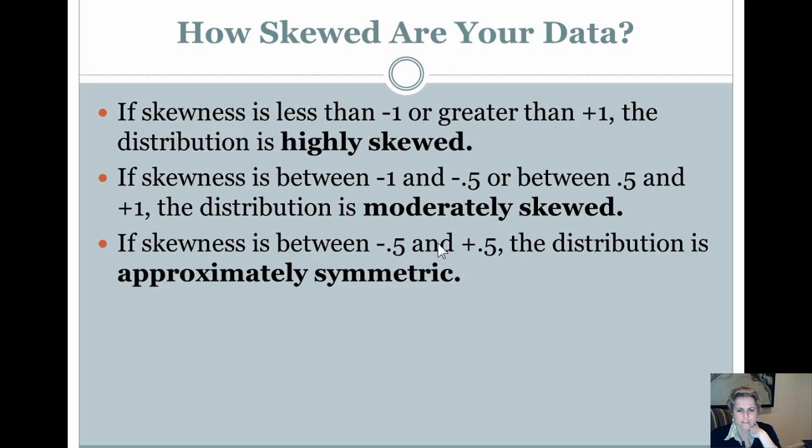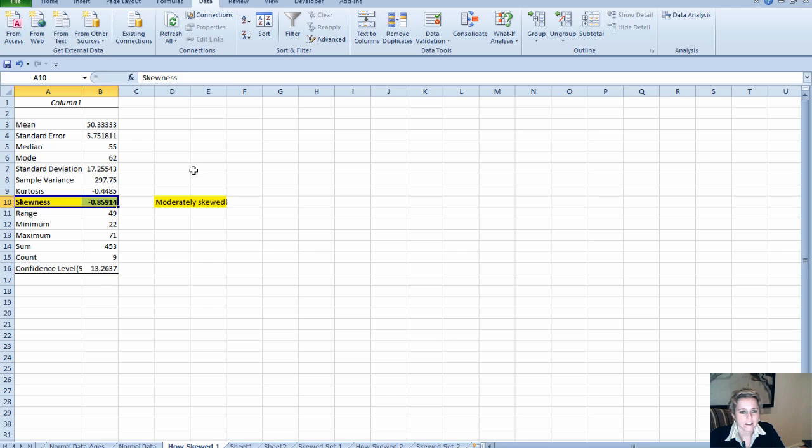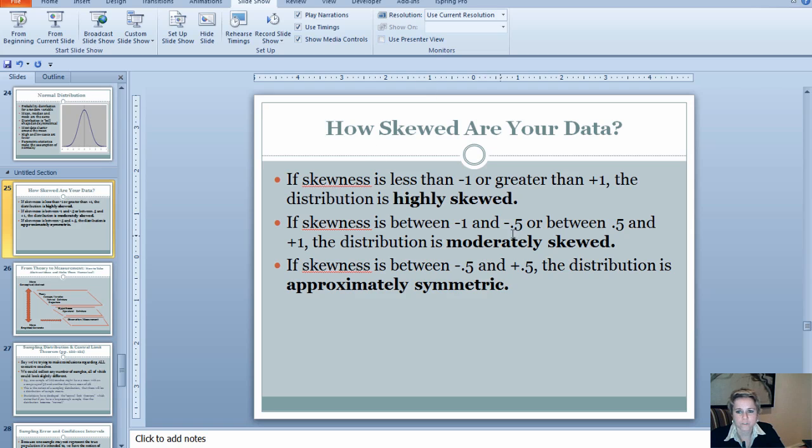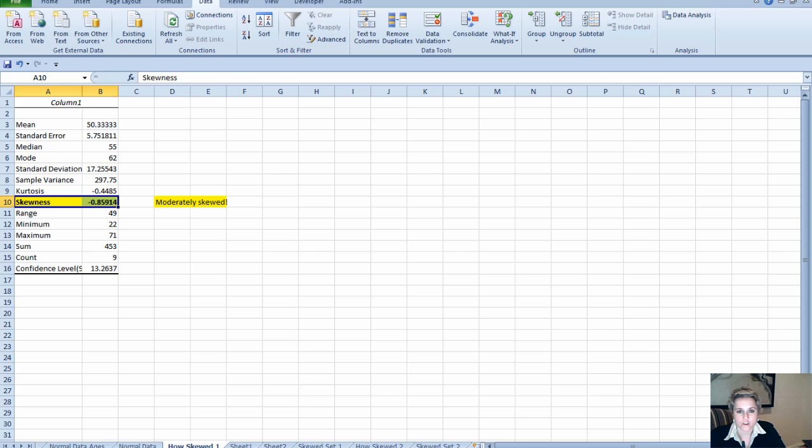And if the skewness is between -0.5 and +0.5, the distribution is approximately symmetric, meaning a normal distribution. So normal distribution, and otherwise skewed. In this case, the number that we had was -0.85, which is between -0.5 and -1, which means it's moderately skewed, which frankly might make intuitive sense for you.